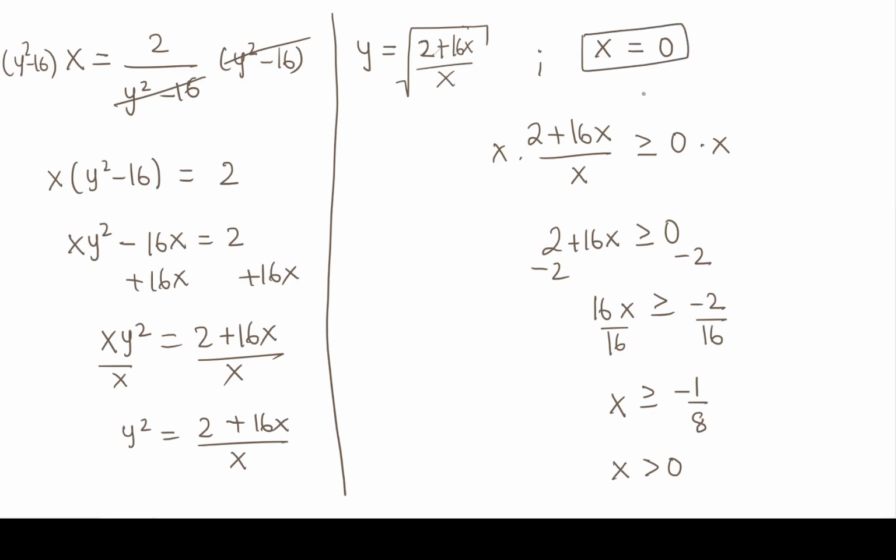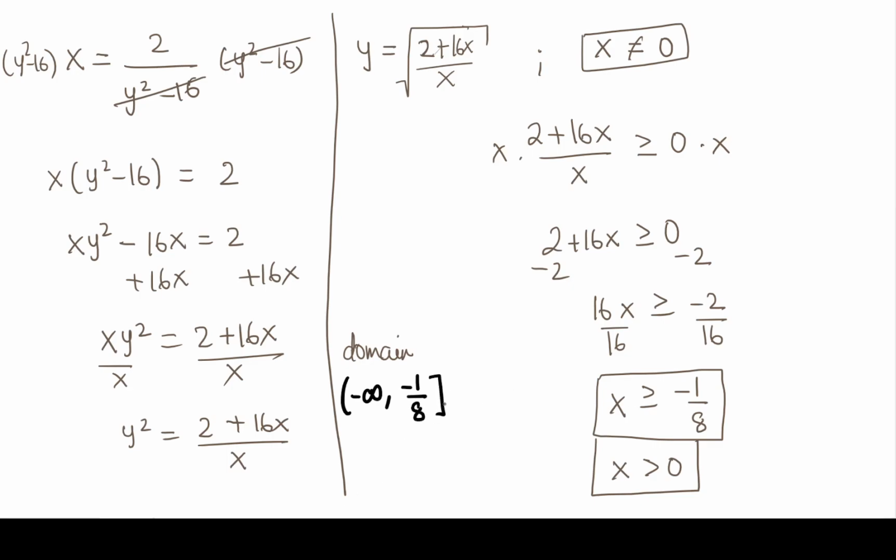x cannot be equal to 0, x has to be greater than or equal to negative 1 over 8, and x has to be greater than 0. So the domain for this function would be all the values from negative infinity to negative 1 over 8, and we are including negative 1 over 8, union everything but not 0 to infinity.